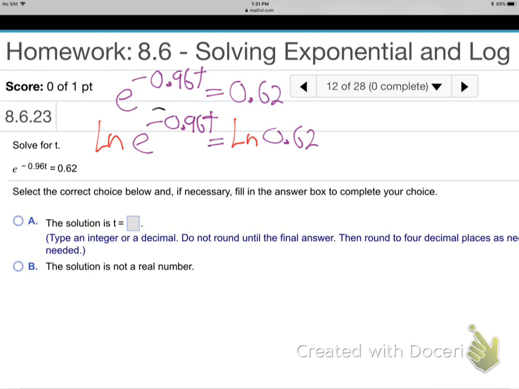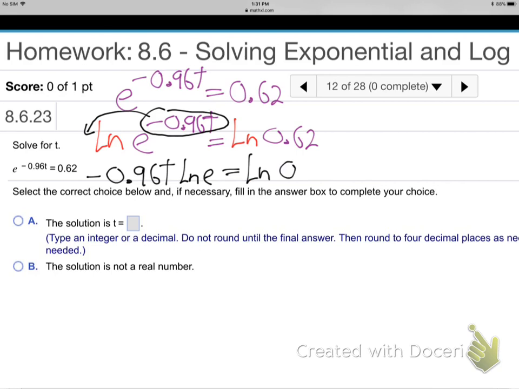And then the whole power comes down, like that. ln e is 1, like usual.